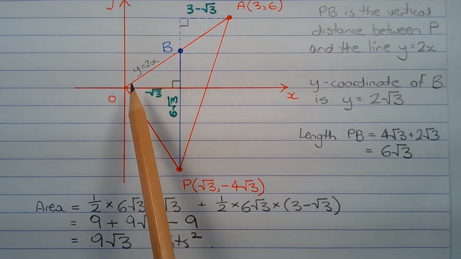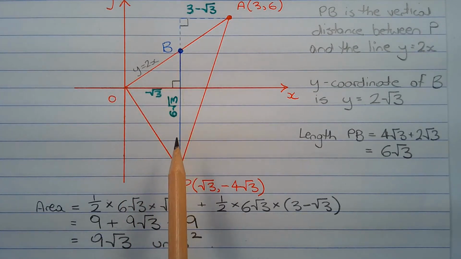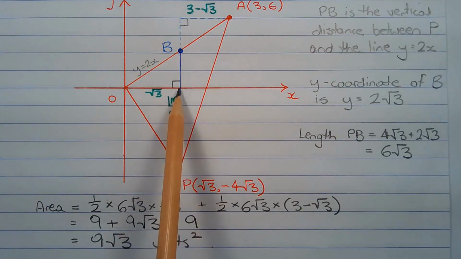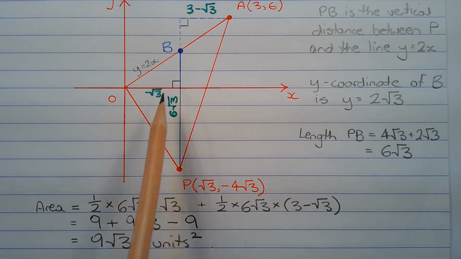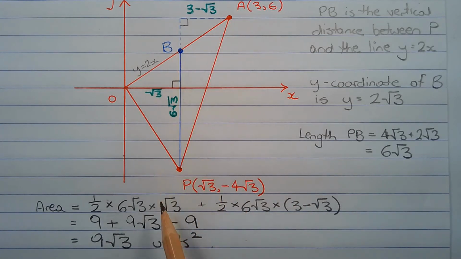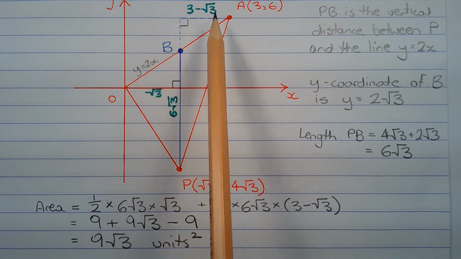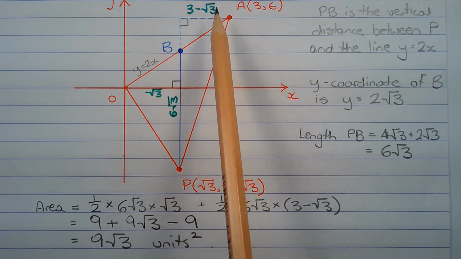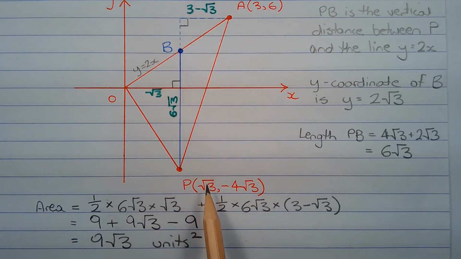If we consider triangle OBP, the base of that triangle is 6 root 3 units and the height is root 3 units. If we consider triangle ABP, the base is 6 root 3, but the height is the difference between the x-coordinate of A and the x-coordinate of B, so it's 3 minus root 3.